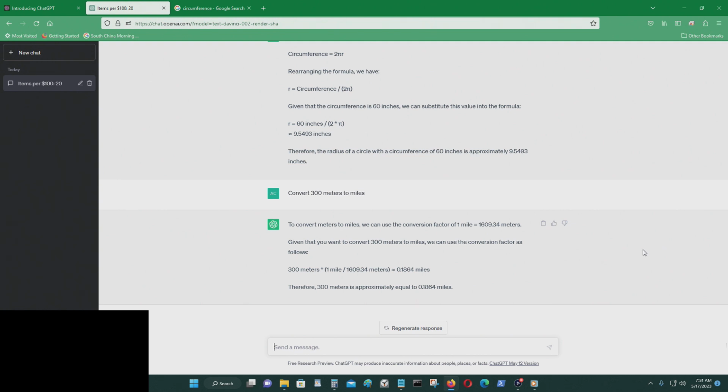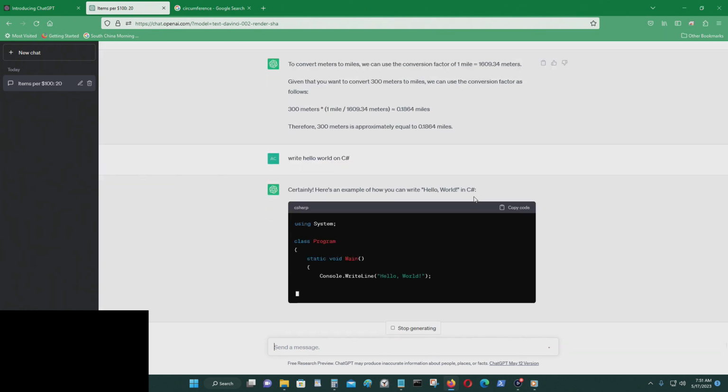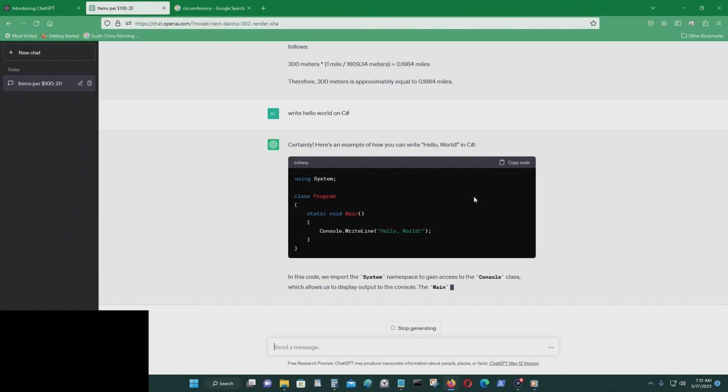Let's see if we could do some simple programming. Let's see. Write "Hello World" in C#. Well, the syntax looks right.